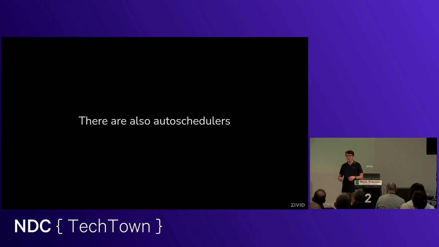And depending on which one you're using, they're either very simple to use, or you have to provide them some additional information, and they can try to find schedules on the CPU alone or even on the GPU. So yeah, you should check that out if you're interested in using Halide yourself.